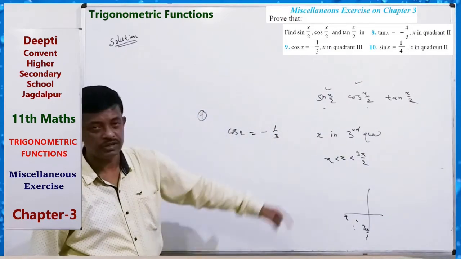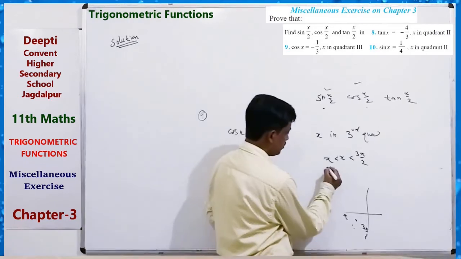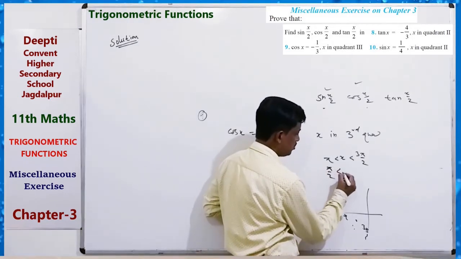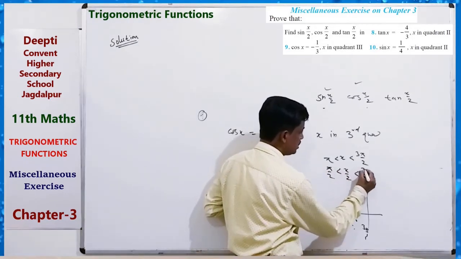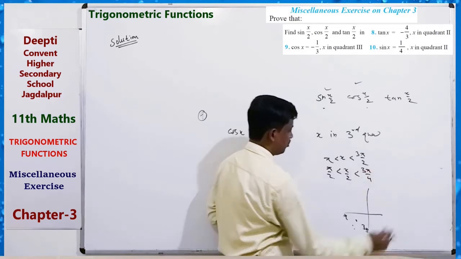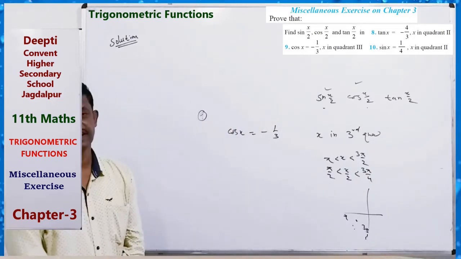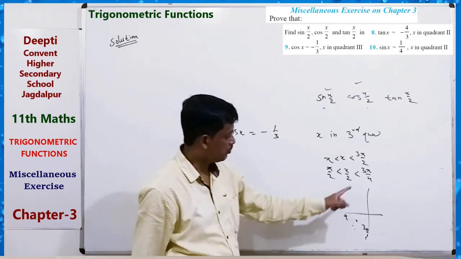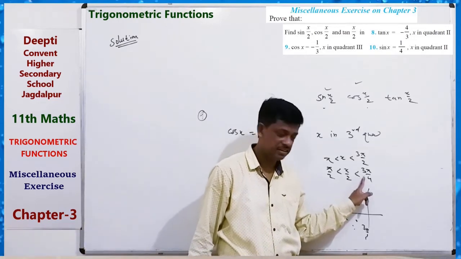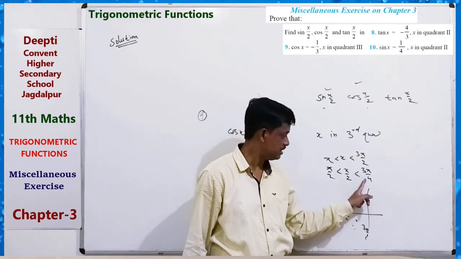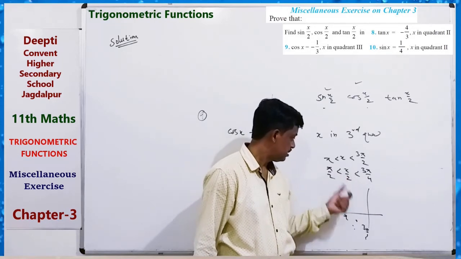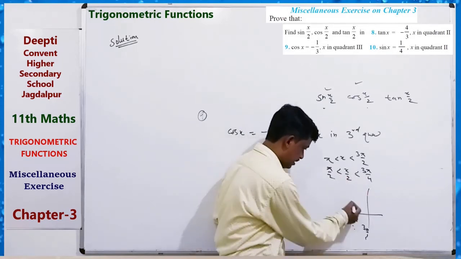Here x lies between pi and 3 pi by 2. So divide by 2: x by 2 lies between pi by 2 and 3 pi by 4. This is less than pi, that is, x by 2 lies between pi by 2 and pi.